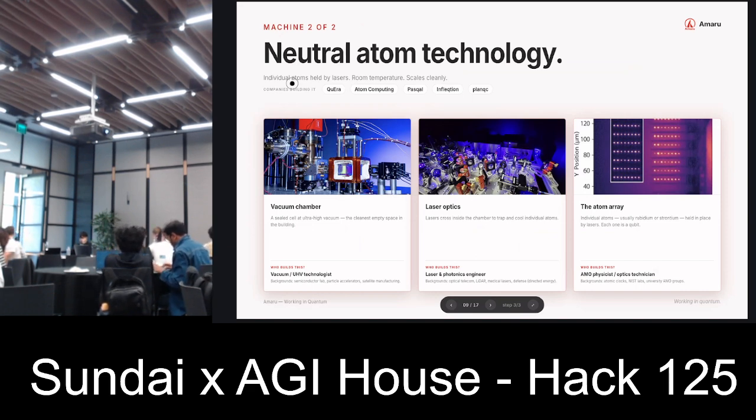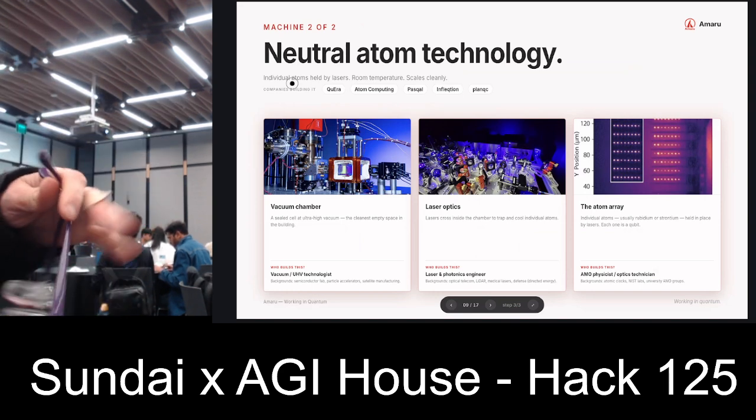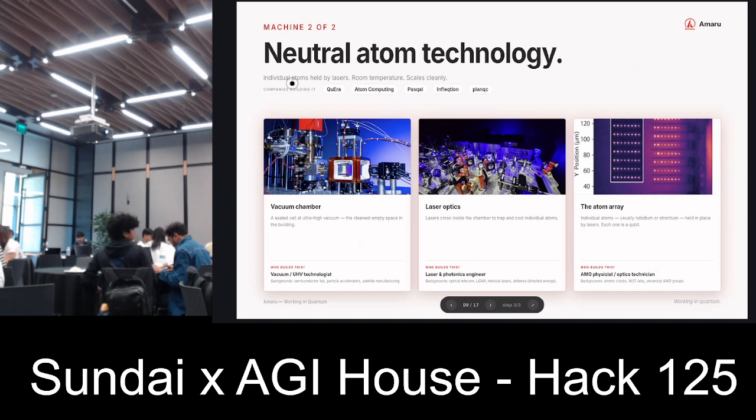When it comes to neutral atoms, it's almost an opposite philosophy. Instead of making an artificial atom on a chip, you use real atoms as the qubits. Neutral atom means the atom has no net electrical charge. Real atoms of the same element are naturally identical.